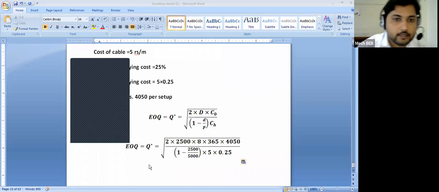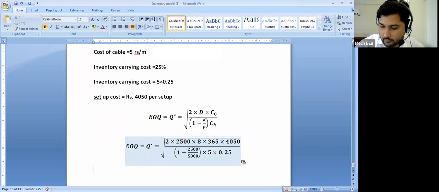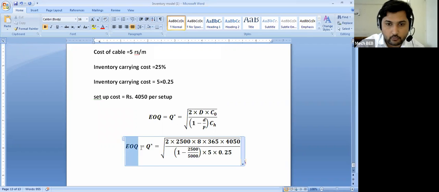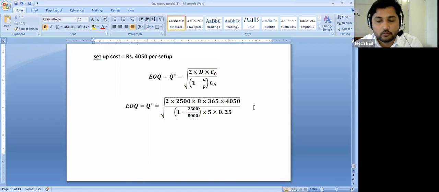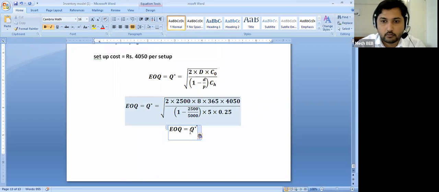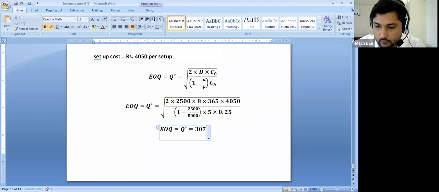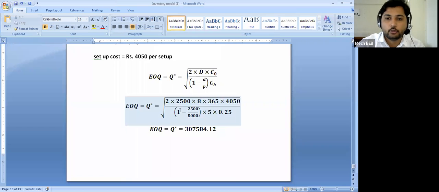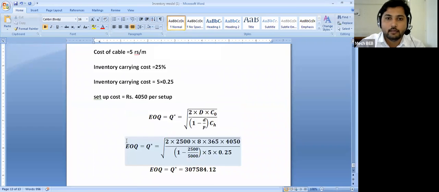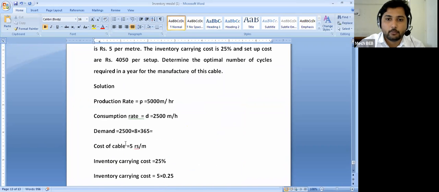So I'm getting 307584. Have you done the calculation, everyone? Q star is equal to 307584.13.